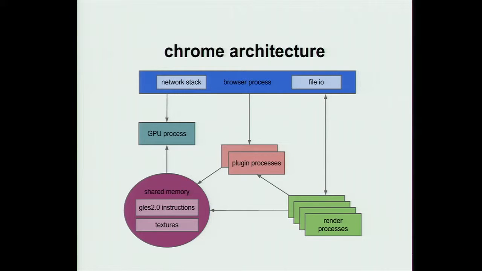So there's basically one accelerated compositing pipeline for both mobile and non-mobile, which I think is really cool. And that's it. Now I'll answer any questions if you guys have any.